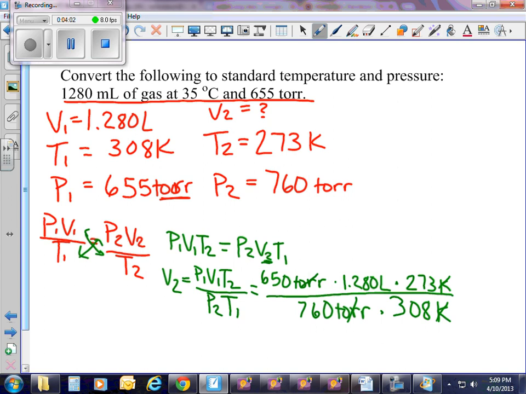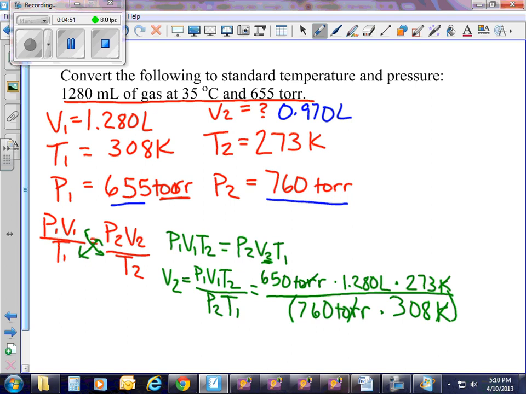Hit divide, and then put the 760 and the 308 in parentheses. Plug that in, and we get 0.970 liters.